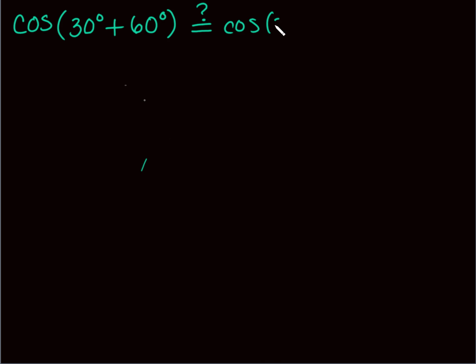So the question is, if I were to take the cosine of, let's say, 30 degrees plus 60 degrees, does this equal the cosine of 30 plus the cosine of 60?